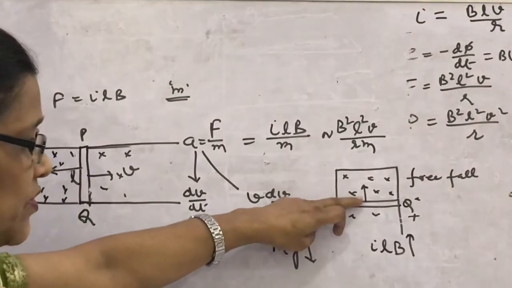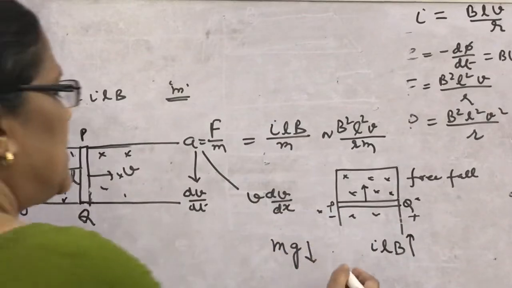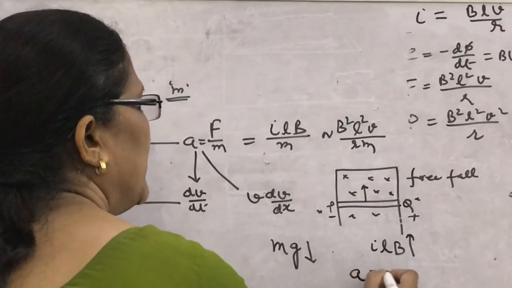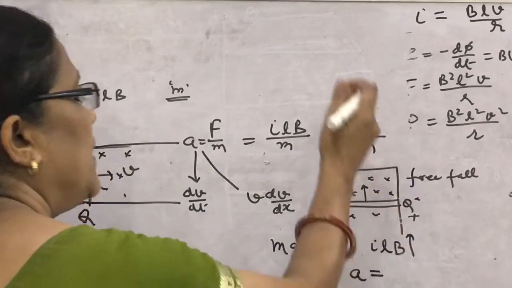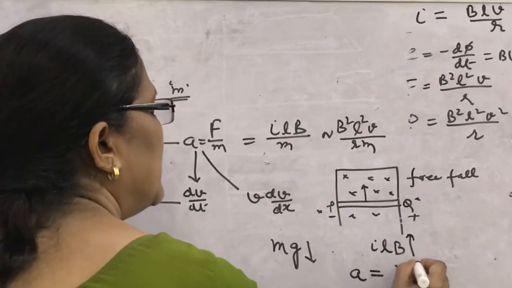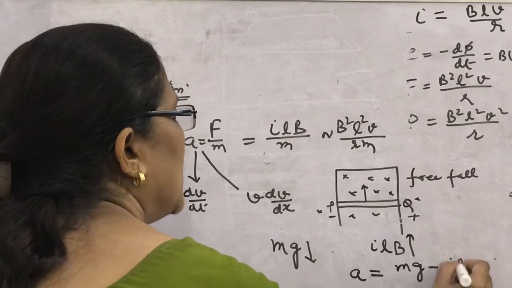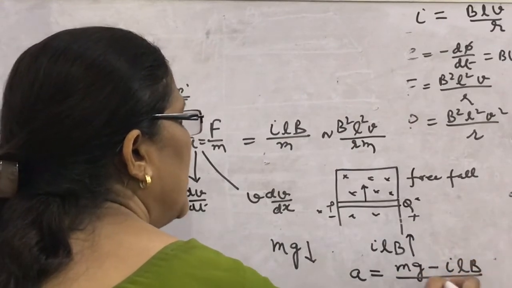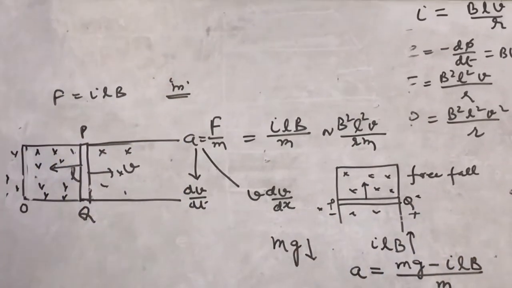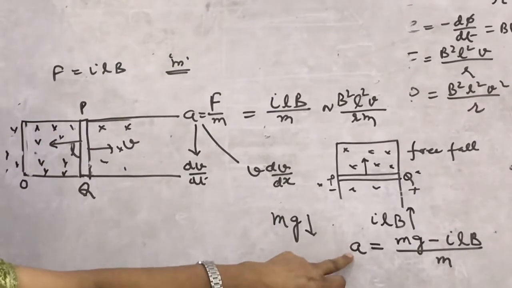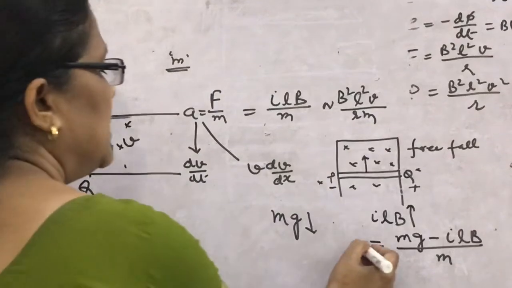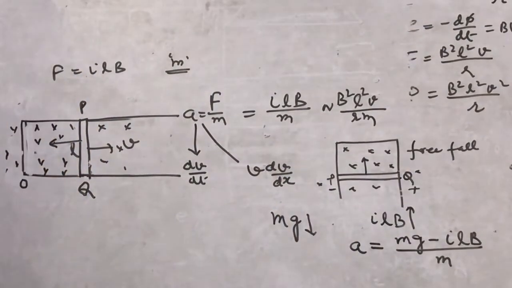Why the retardation? Because this force is acting upward. That retardation will be given by mg downward, ILB upward. So you will write (mg minus ILB) upon m. So by using this expression, you can find the acceleration or retardation in the downward direction.